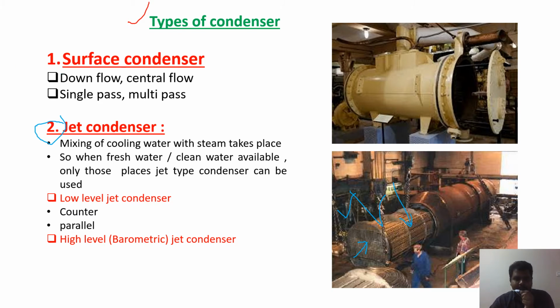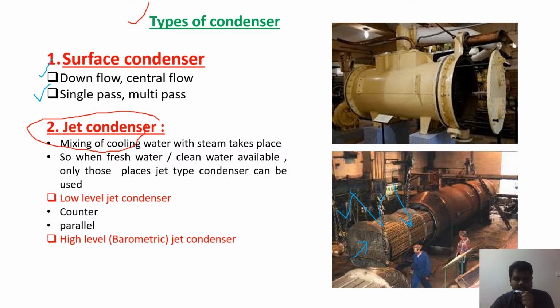There are two types in surface condenser: down flow and central flow. The other thing is single pass or multi pass surface condensers. The second type is the jet condenser. In the jet condenser, there will be direct contact between the steam and water.